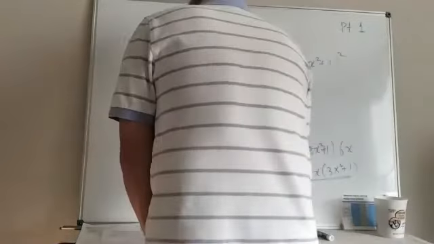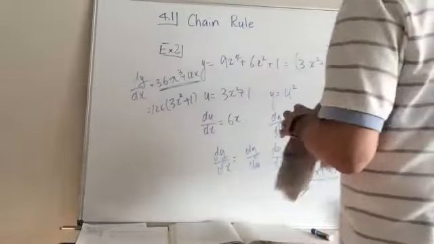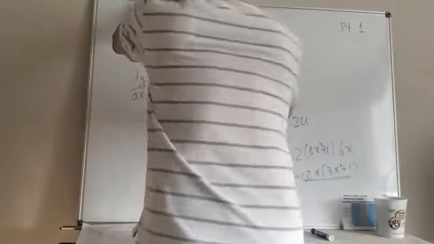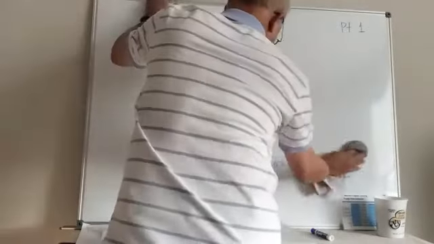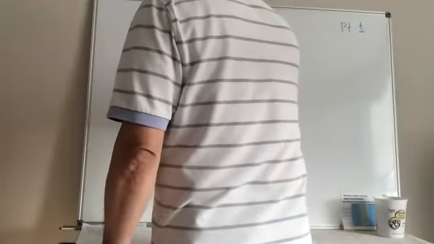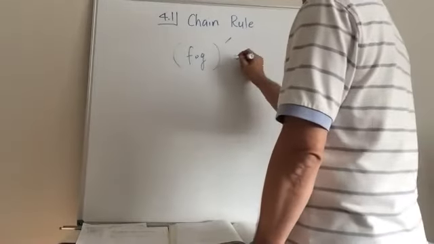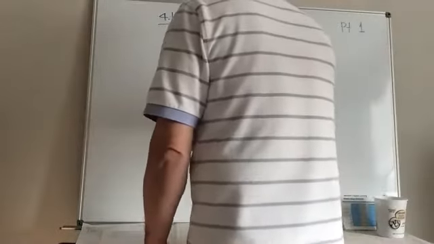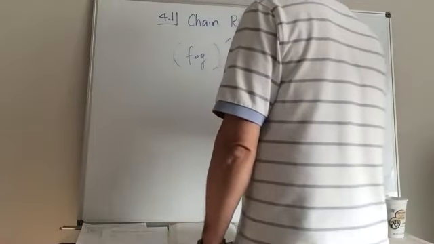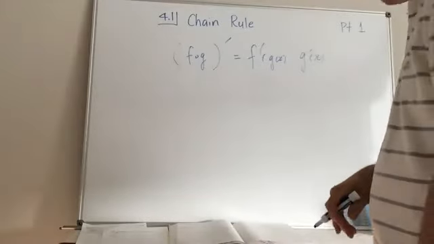Okay, so what we end up finding is, if you flip the page on 156, in the green box, it shows you that for the composite function f of g, if I take the derivative of f of g, I'm going to get f prime of g of x times g prime of x.